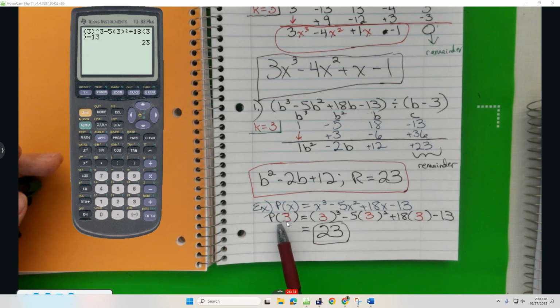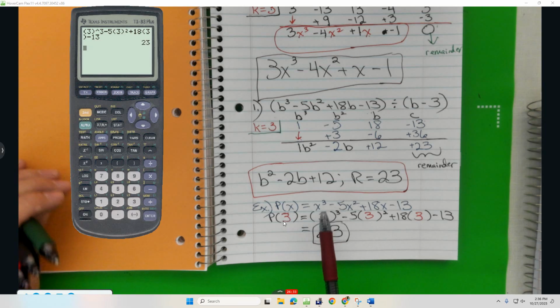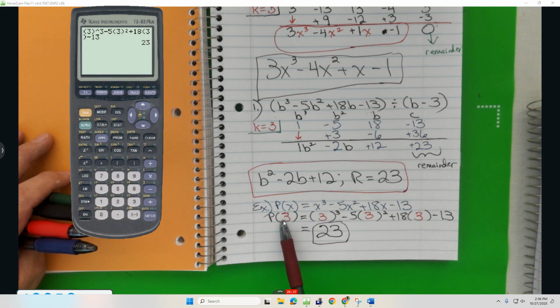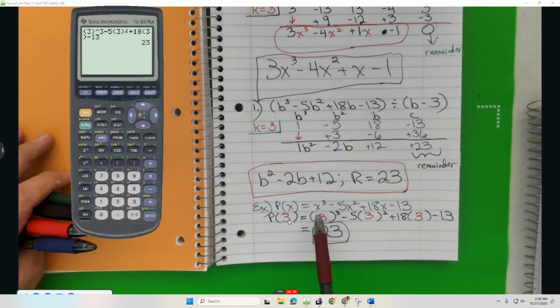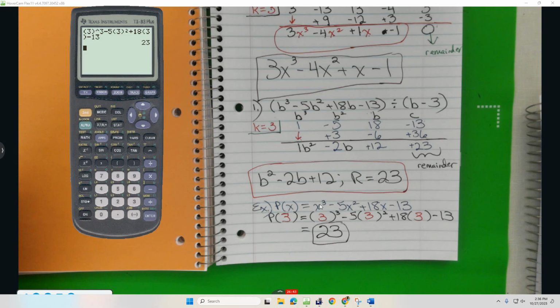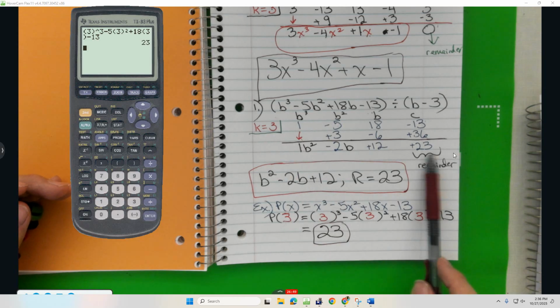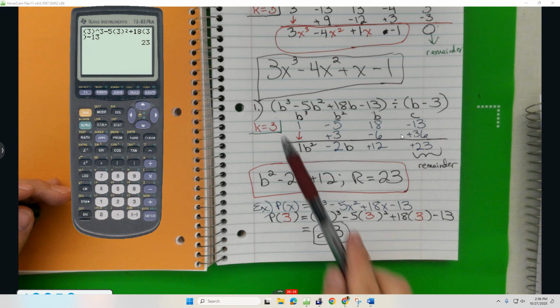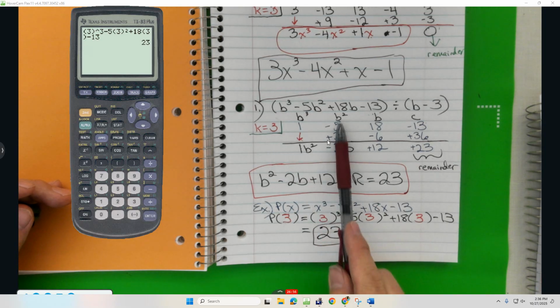Suppose we had wanted to use, instead of a 3, something like a 14. To plug in 14 here and here. 14 cubed. Remember, you didn't have a calculator. If they didn't have a calculator, it was a lot easier using synthetic division to get the value of the function at the given number. Because with synthetic division, is there any exponentiation?